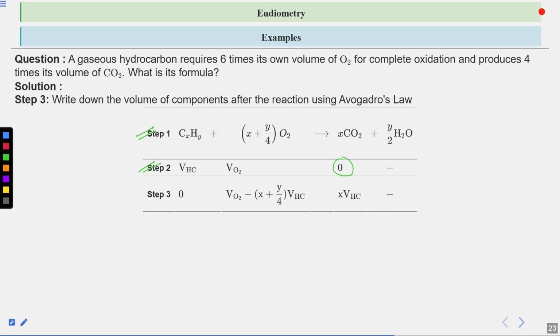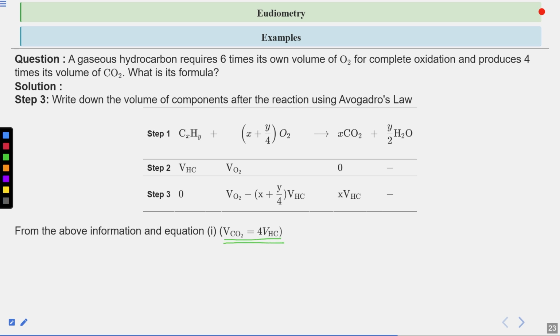Initially, before combustion, we have 0 moles of carbon dioxide and no water is present. After complete combustion, the hydrocarbon is used completely, and since we have taken the exact amount of oxygen required for the complete combustion of the hydrocarbon, we can say that the volume of carbon dioxide is 4 times the volume of hydrocarbon.